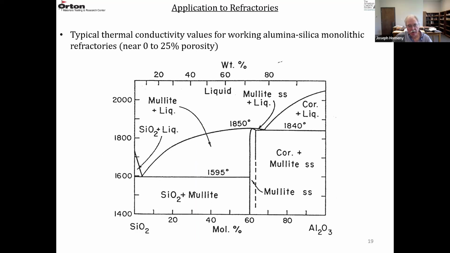So if we look at the phase diagram for silica alumina, the binary phase diagram, and this is in mole percent. So the left-hand side is 100% SiO2, the right-hand side is 100% alumina. So the high alumina materials are going to be a combination of corundum, alumina, and mullite phases. The higher silica materials are going to be SiO2, either tridymite or cristobalite, and mullite.